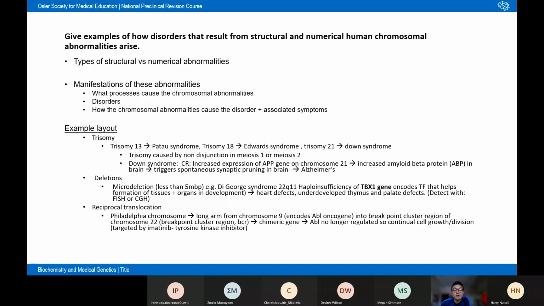And so haploinsufficiency, an insufficient amount of TBX1, means that the formation of many tissues and organs is aberrant and abnormal, and this manifests in heart defects, an underdeveloped thymus, and palate defects. And so here are just 2 examples, and then finally we talked about reciprocal translocations with the example of the Philadelphia chromosome.